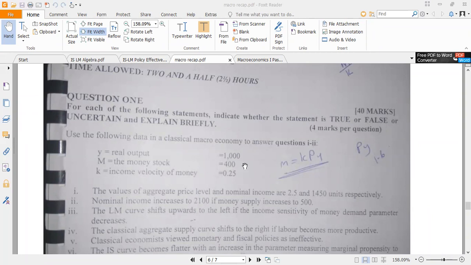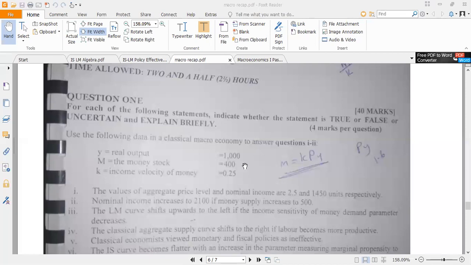And then about monetary policy too, if you increase your money supply, it causes an upward shift in the aggregate demand curve, and that will cause an increase in the price level. Because there's an increase in the price level, workers or labor will call for an increase in nominal wage.